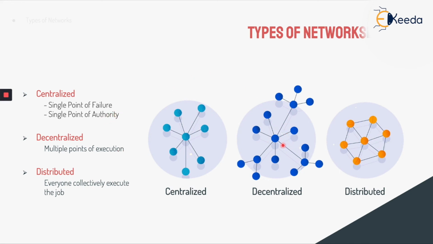But you might ask me, okay, if there is a decision that has to be taken, who takes that? That's when the concept of democracy comes into the picture. Let's say Facebook is a decentralized system and you want to change the color from blue to pink, or red, whatever.